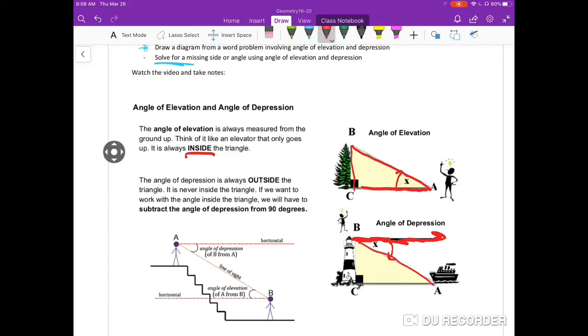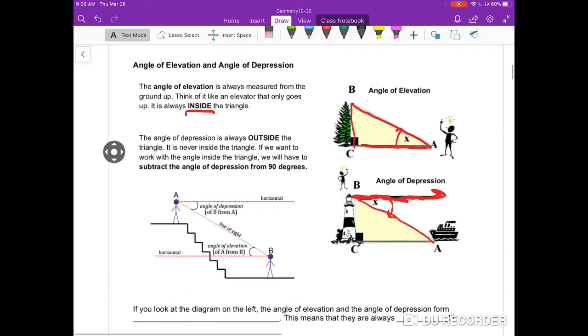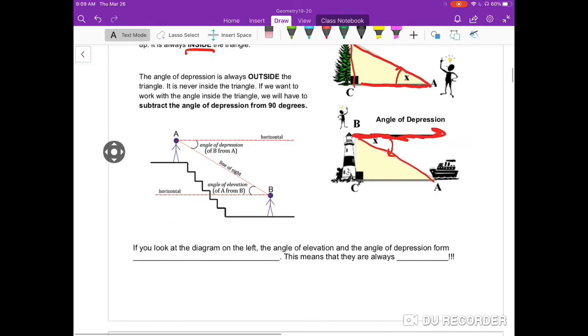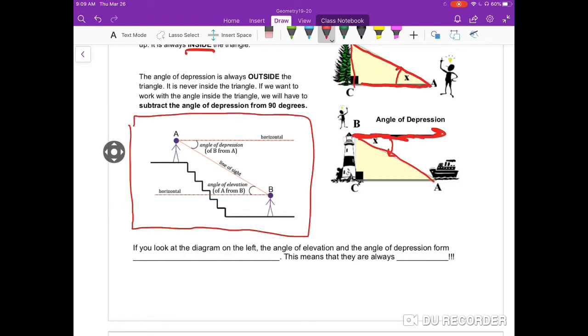This will come up every once in a while on a multiple choice, a part 2 or a part 3. Based off of this picture, what do you think the relationship is between the angle of depression and the angle of elevation?